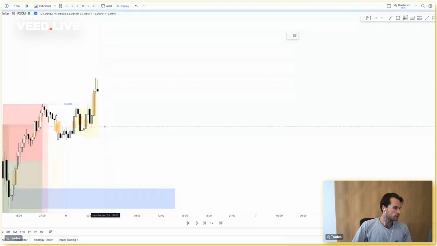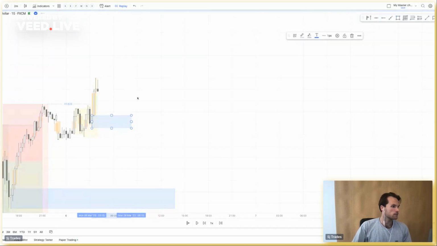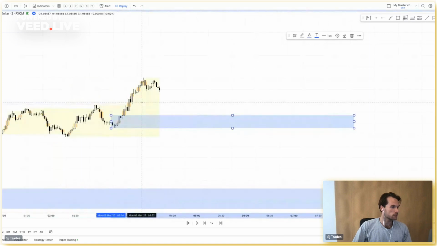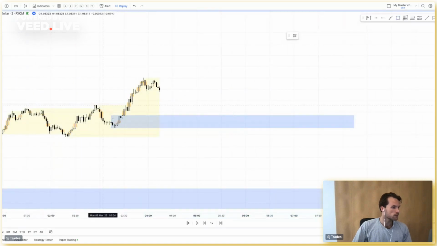Okay, so the 15, it's been mitigated. Let's have a look. Quite small. You can include some imbalance in there.